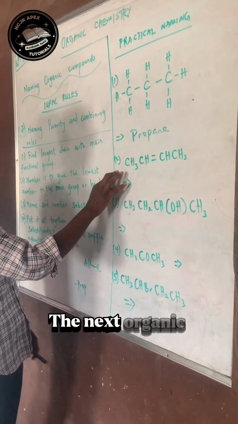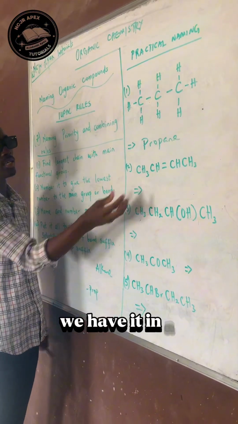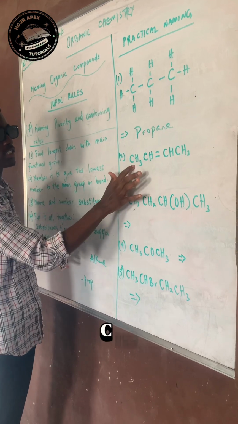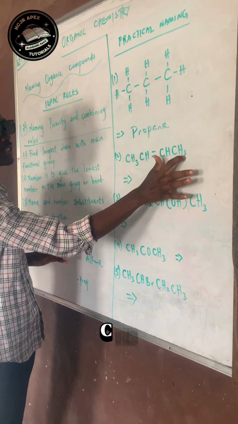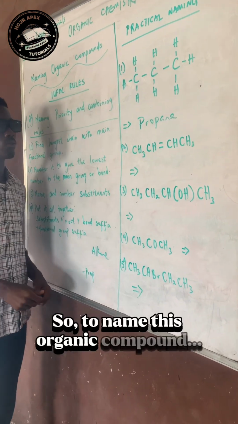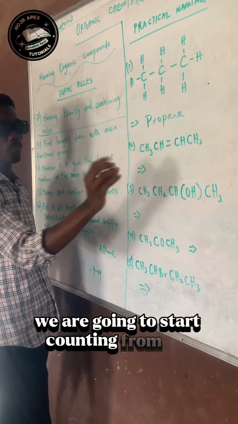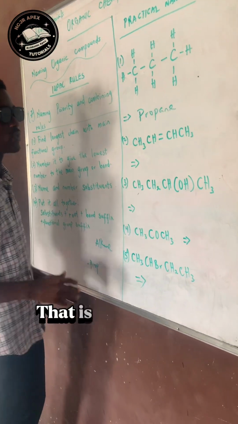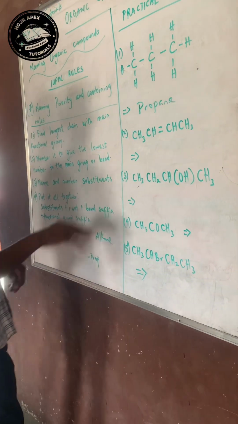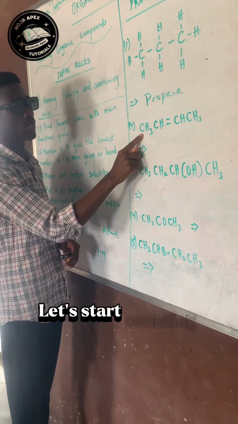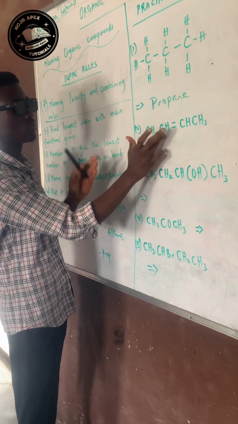The next organic compound, we have it in a contracted form: CH3CH=CHCH3. To name this organic compound, we start counting from the functional group, the end that favors the functional group more. Let's start counting from the left: 1, 2.